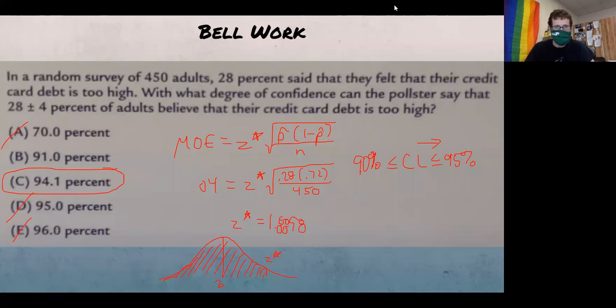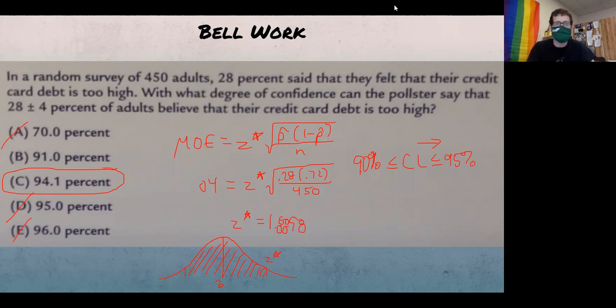But keep in mind, what your critical value is telling you is how many standard deviations away from the mean we are going. So the whole point of me saying that is that there's another area down at the low end that you need to exclude.